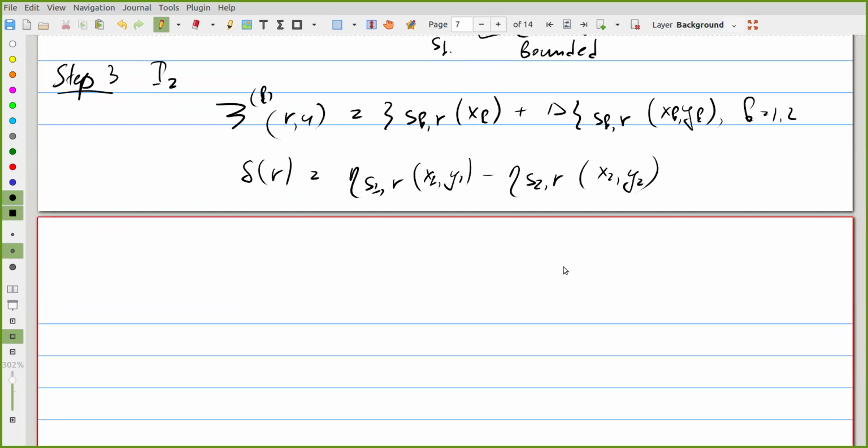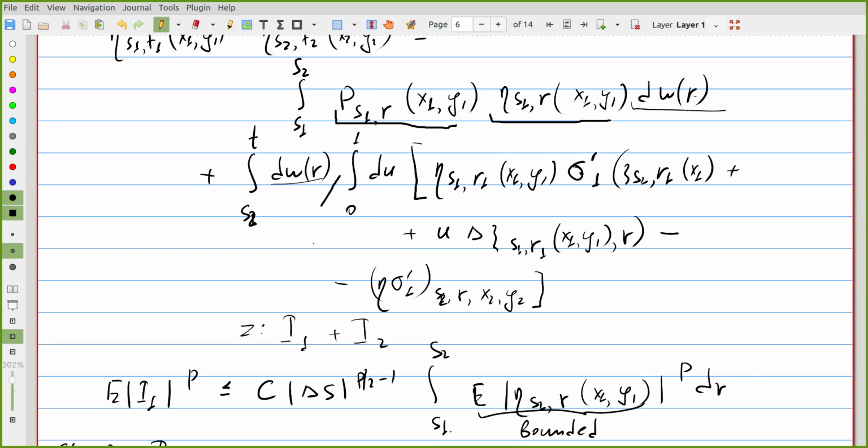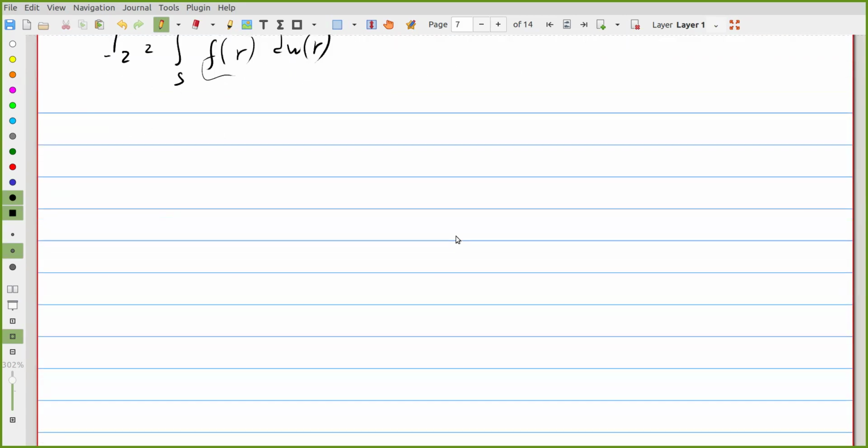It's easier to write. And I will write I2 as the integral from s to t of f of r dwr. F is now written here. This is f. All this is f. And I will work with it directly.